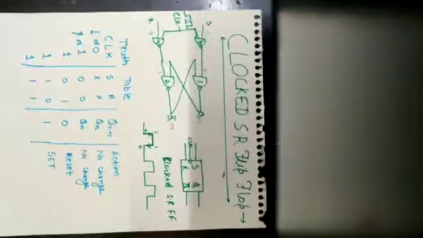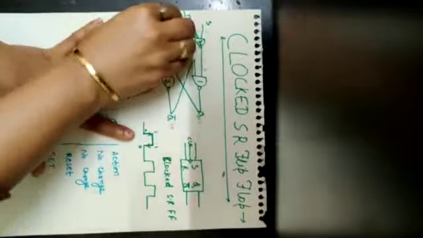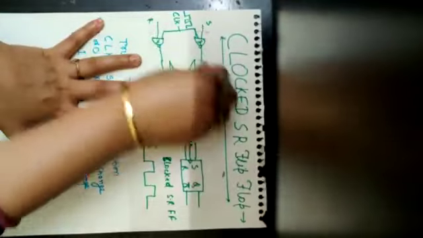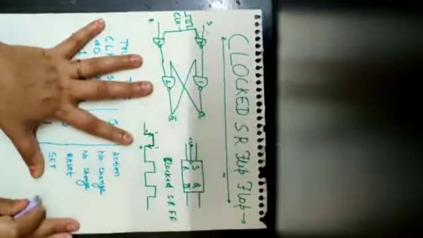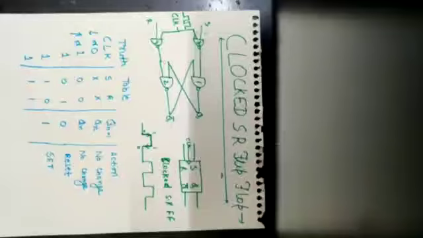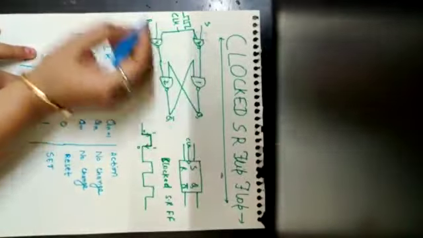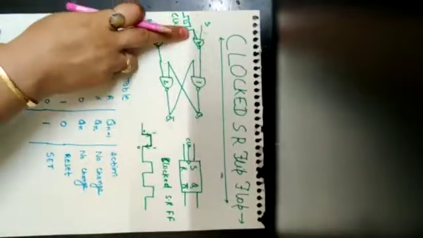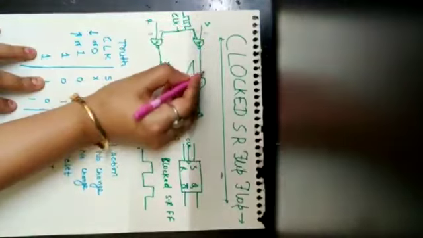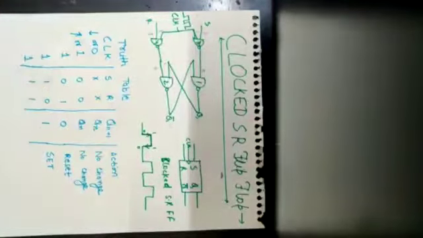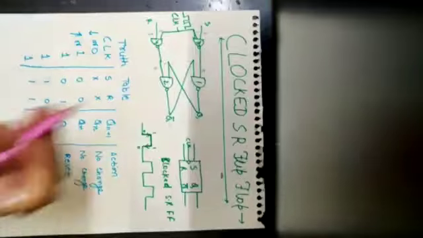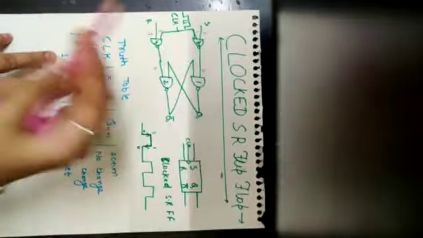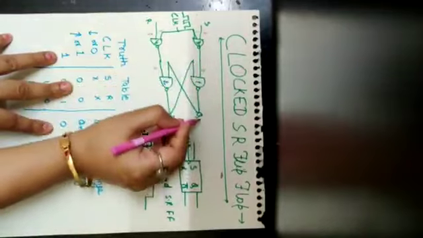And the last input condition is when both the inputs are 1. So S is 1, R is 1, and the clock is also 1. Do you know that if both the inputs are 1, the output will be 0. Here 0, here 0. And according to the NAND gate, if any one input is 0, whatever the other input may be, the output will always be 1.